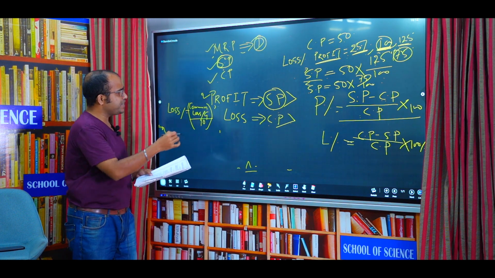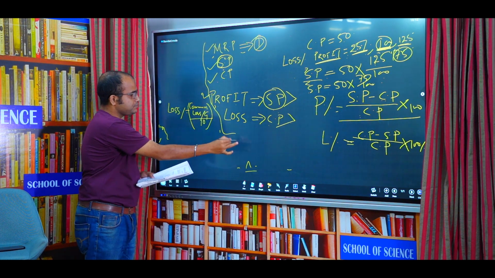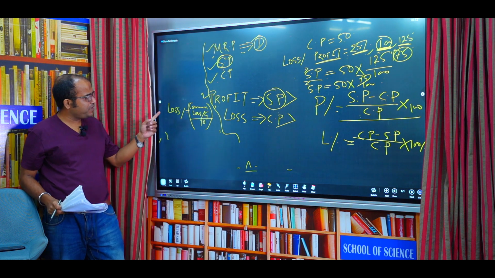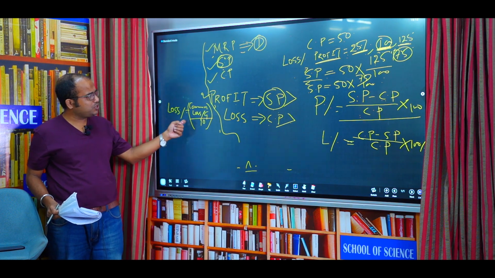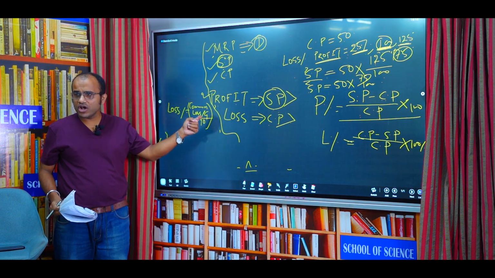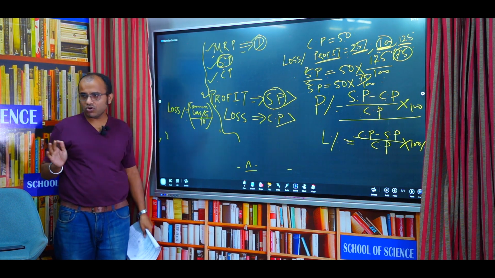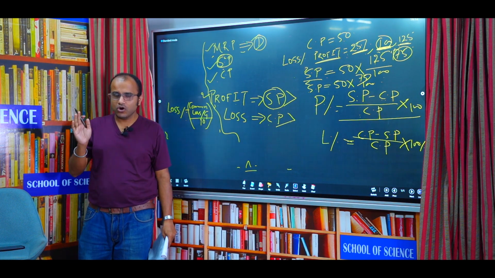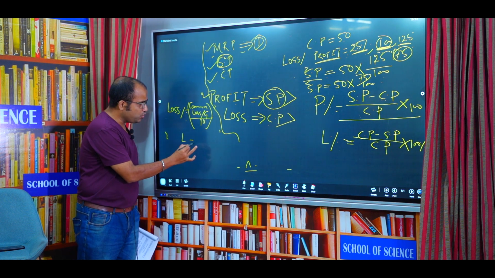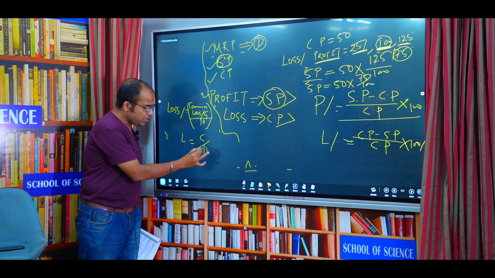I am explaining what I write here. This is another type of problem. Loss percentage is equal to common loss or gain divided by 10 whole square, so L is equal to C by 10 whole square.